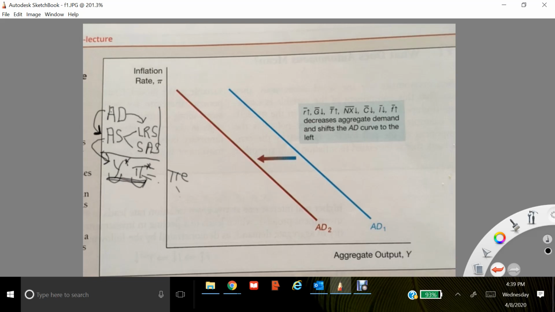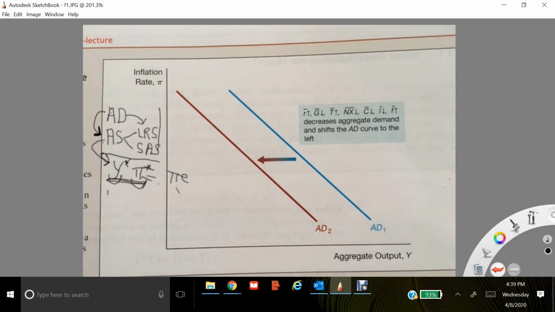And the problem with having inflation, what is inflation? Okay, so inflation is the change in prices divided by the price, or the percentage change in prices.